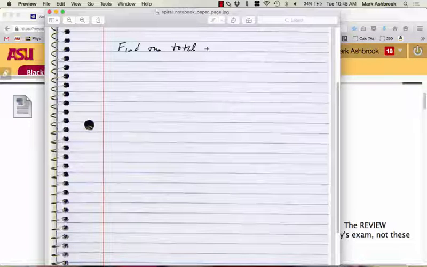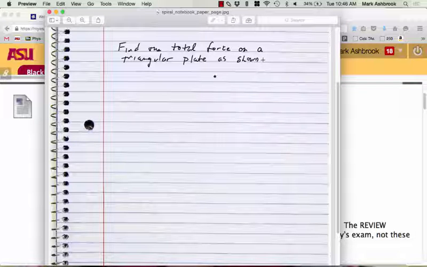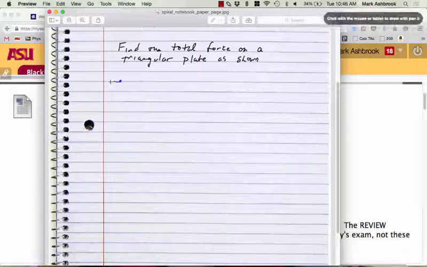Find the total force on a plate. So I'll just make the picture. Okay, so we got water here.